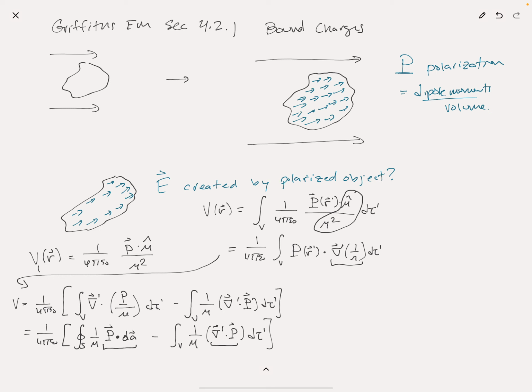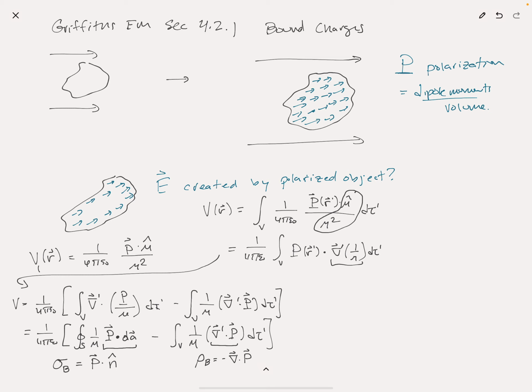This whole thing, if I define a surface charge density sigma b as this, the polarization dotted with the unit vector normal to my surface, and I can also define a volume charge density as minus the divergence of P.